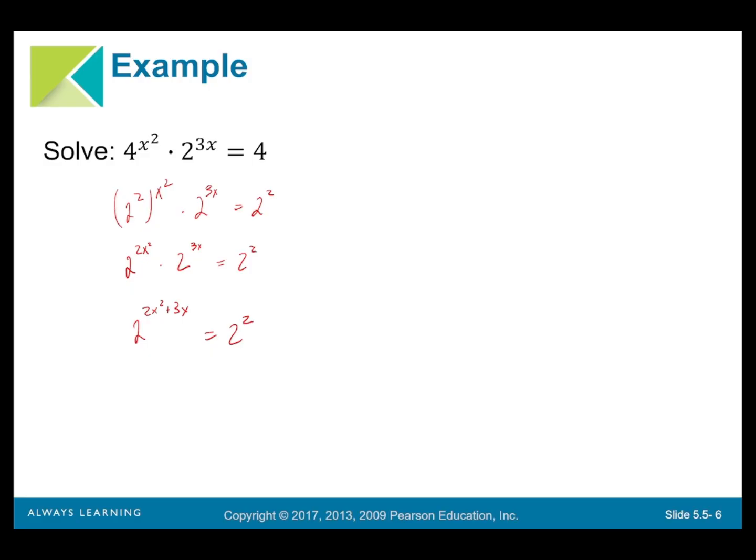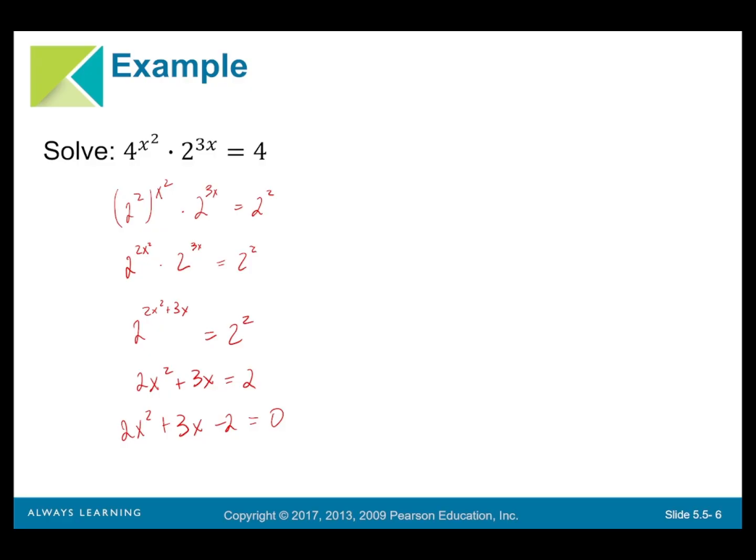Now I have the same base on both sides, so I can just set their exponents equal to each other. 2x squared plus 3x equals 2. The natural way to solve this is 2x squared plus 3x minus 2 equals 0. I subtract 2 from the left-hand side, and now I have a quadratic equal to 0 that we solve all the time.